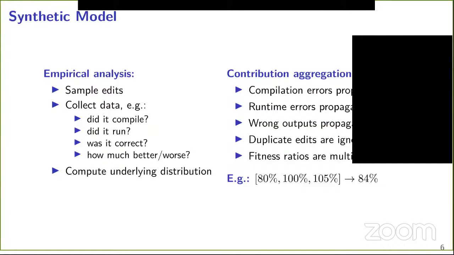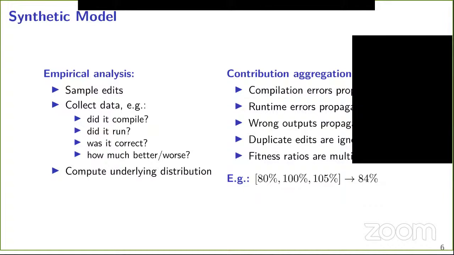And how much better or worse was it, for example in runtime, in energy consumption, or whatever your cost metric is? And from that empirical analysis, compute the underlying distribution, so that we can just draw from the distribution instead of evaluating your mutated software.